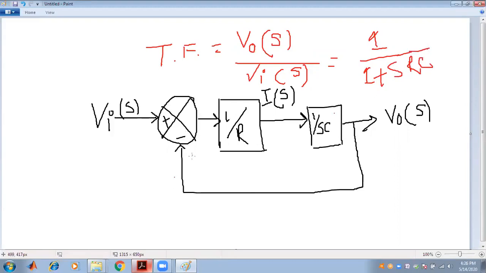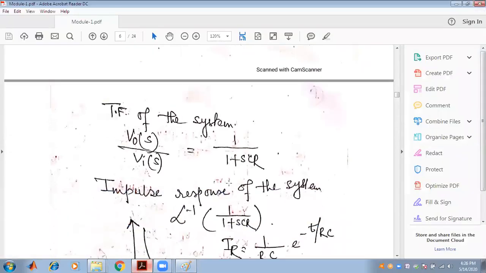This is the transfer function that we have got from that particular electric circuit.